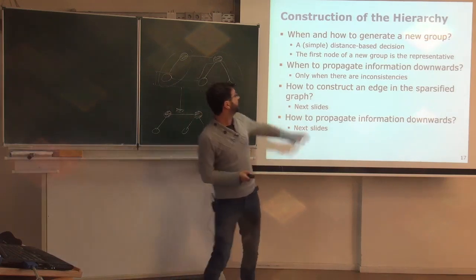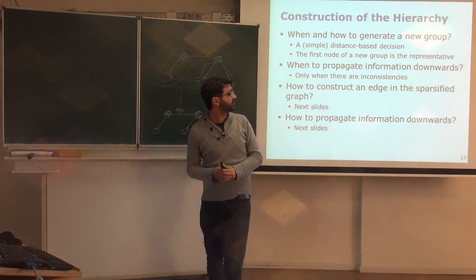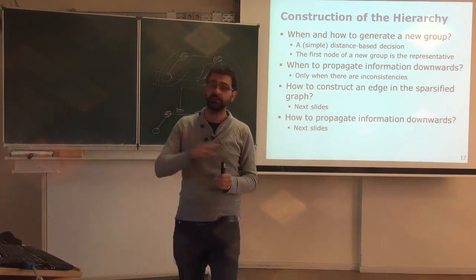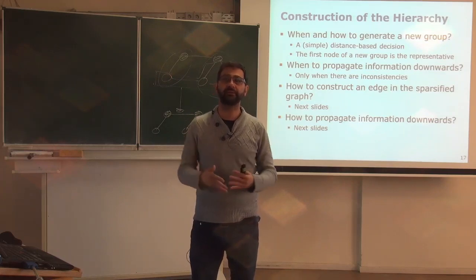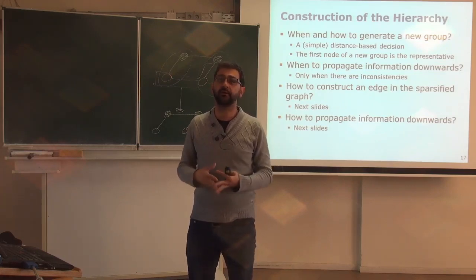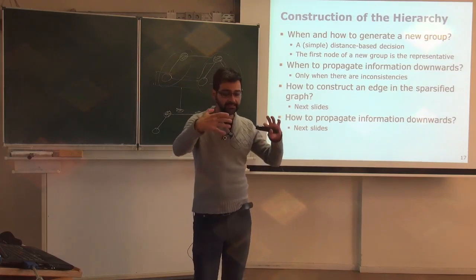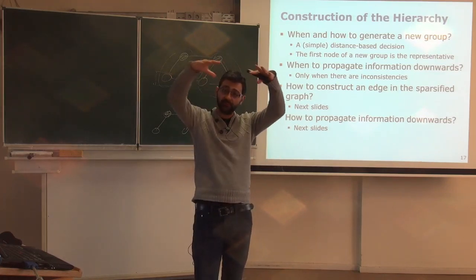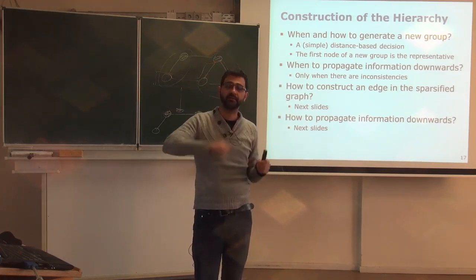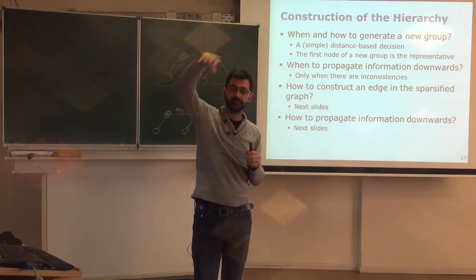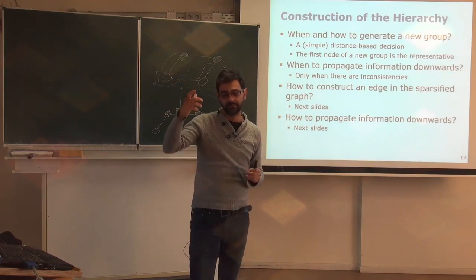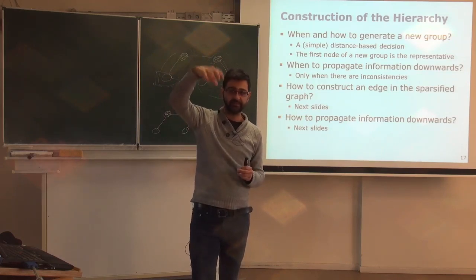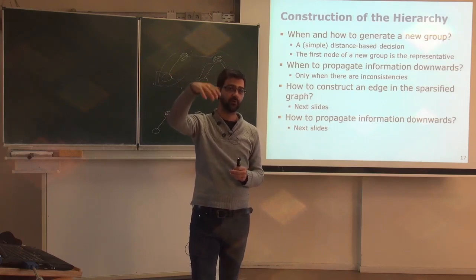The second thing is how to propagate the information downwards, or actually when to propagate it downwards. This basically means when we rebuild the graph. The whole idea is that we have this coarse level, and we optimize this coarse level over and over, approximating more and more. Now, do we still stick with this approximation all the time or not?